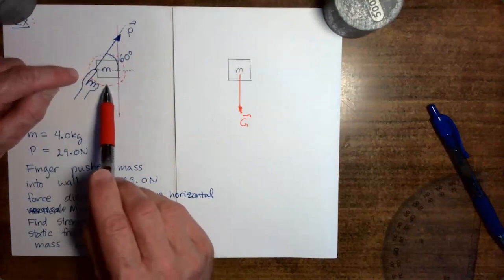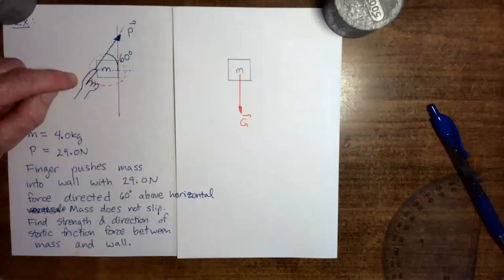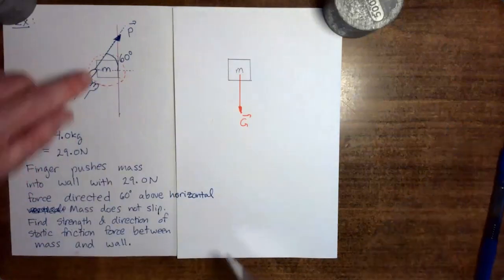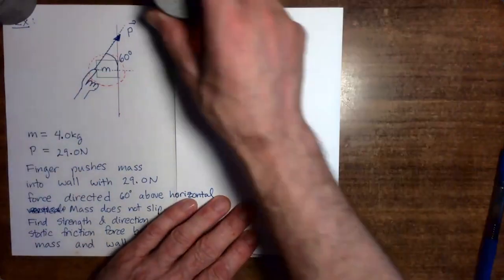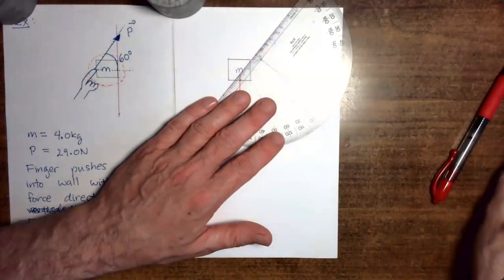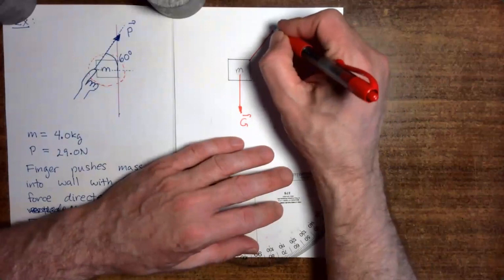So if I start down here and start to go around the dashed line, I can see the finger reaching in through the dashed line to exert a force on the mass. And the force exerted by that finger is already drawn into the figure. That's the push force there. So I'm going to go into the figure and draw in that push force.